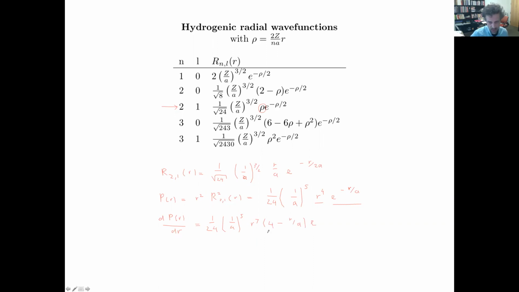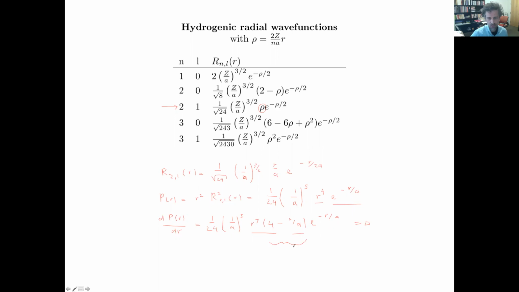This one here follows from the first part of the product rule, which is 4 times r cubed times the exponent. And then this is the second part. I've taken r to the power 3 out so that I can collect terms, because what is between parentheses is going to give me my correct root. r to the 3rd is going to be the root at r equals 0, and the exponent is going to give me a root at infinity.